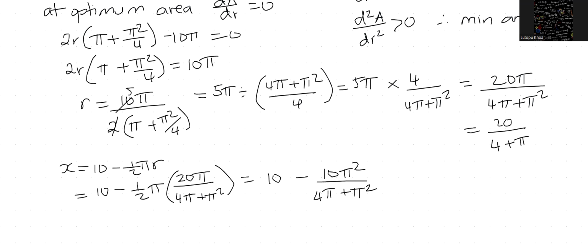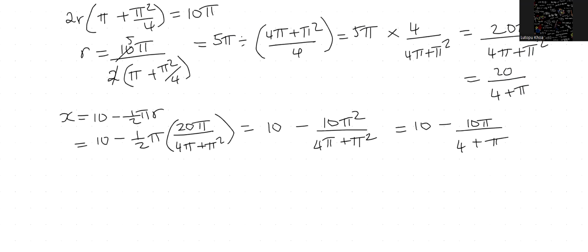So here I will have 10 minus 10 pi over 4 plus pi. Okay, so leaving it as a single fraction, this is 40 over pi plus 4.